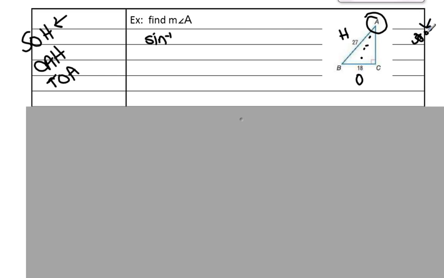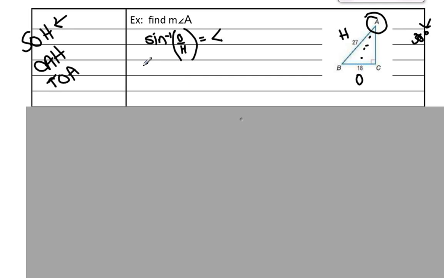It sits above the number. This should remind you that when you're looking for an angle, you use the -1 for the sine function. So the inverse sine function of your opposite side over your hypotenuse is going to equal your missing angle.